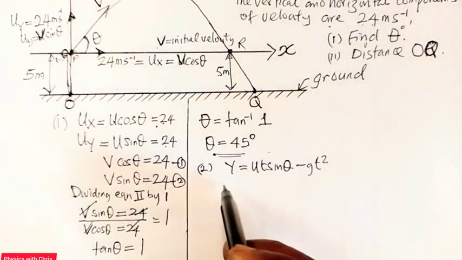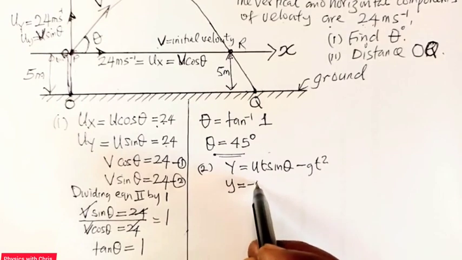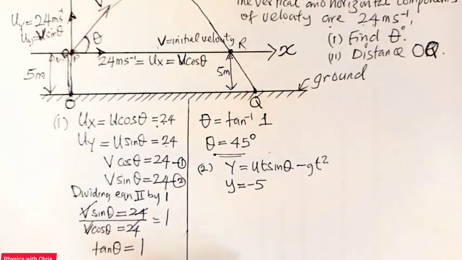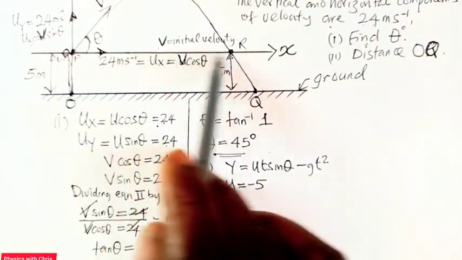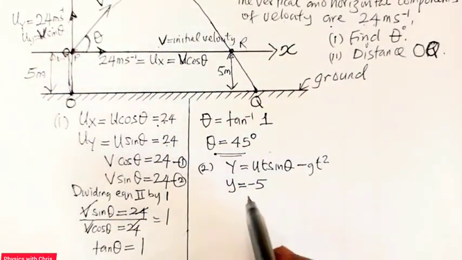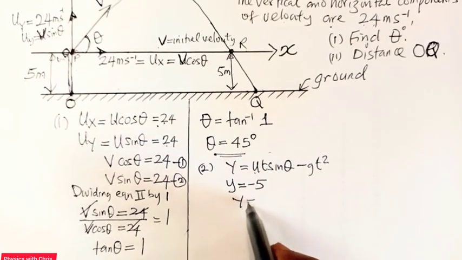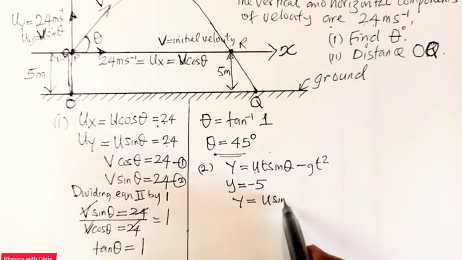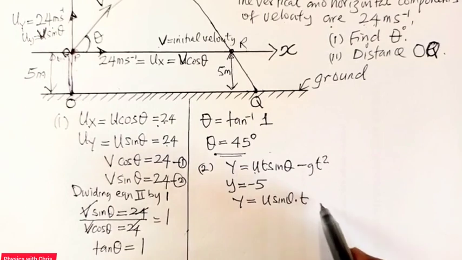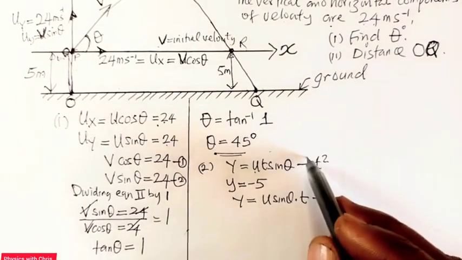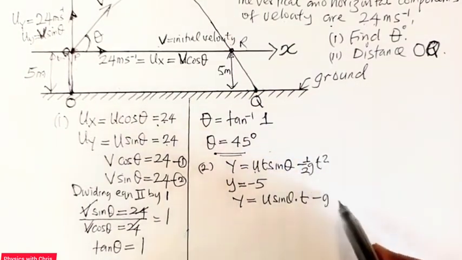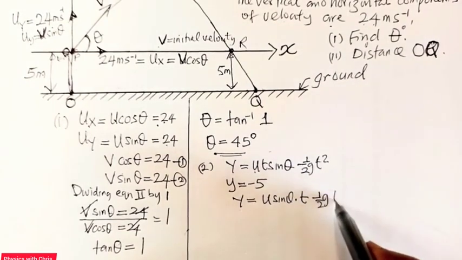So at point Q, y equals minus 5 because it's already 5 meters below the reference level, which is the plane of projection. So this is y equals u sine theta times t minus half gt squared.